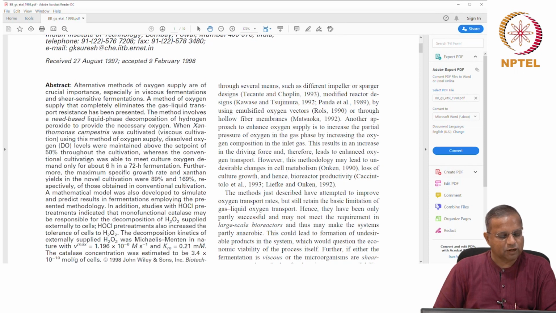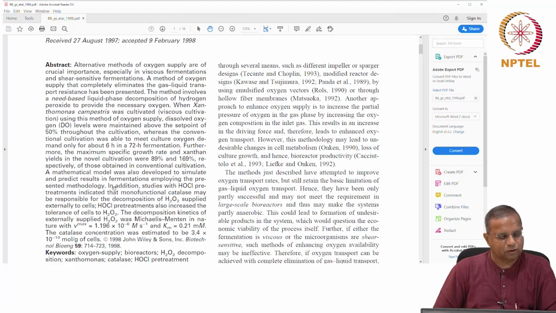Whereas the conventional cultivation was able to meet the culture oxygen demand only for about 6 hours in a 72-hour fermentation. Furthermore, the maximum specific growth rate and the xanthan yields in the novel cultivation were 89% and 169% respectively of those obtained in conventional cultivation.